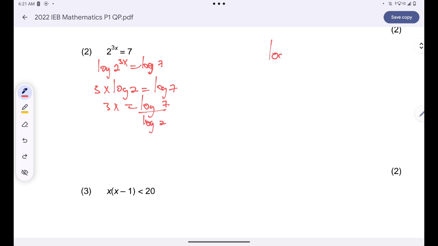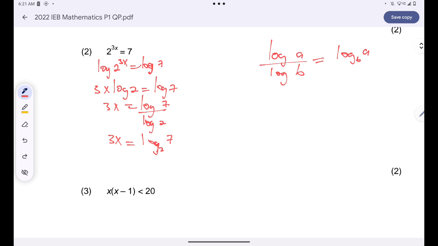If I have something like log a all over log b, this can be written as log a base b. So in this case, I can have 3x is equal to log 7 base 2.